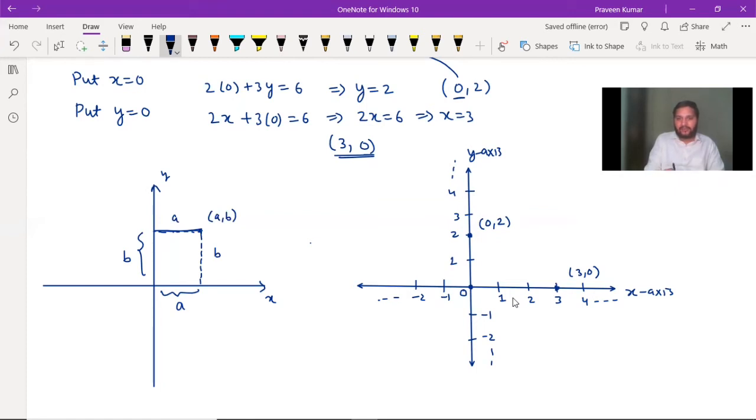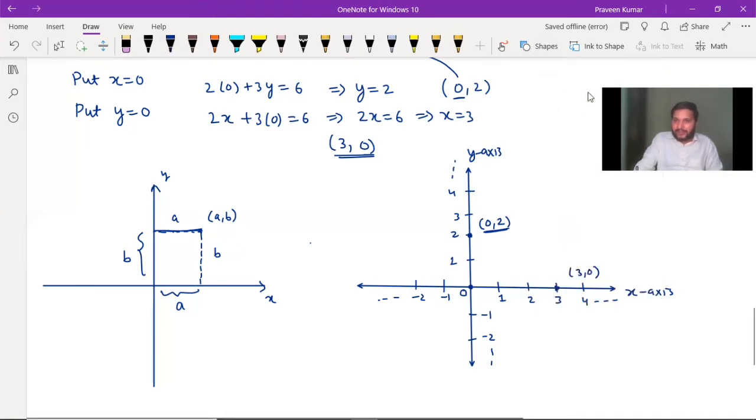So 0 units away from the y-axis and 2 units away from the x-axis will give you (0, 2). And 3 units away from the y-axis and 0 units away from the x-axis will give you (3, 0).